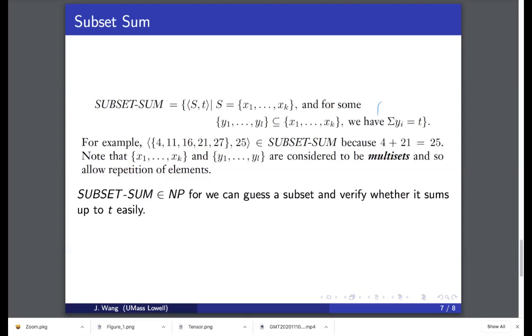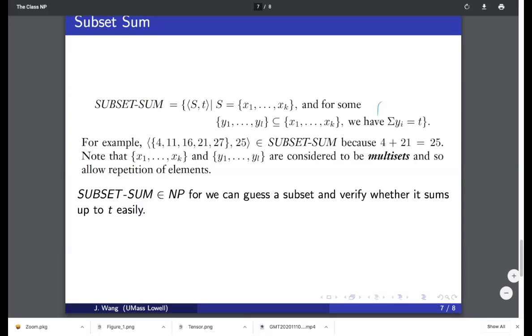Again, it is in NP because for any instance S and t, if you want to say whether it is a positive instance, you simply guess a subset and then add them up to see whether it equals t. Guessing a solution is equivalent to being given a solution or a certificate, and then you verify it. Nobody gives it to you, I can make a guess. So that is also in NP. This is straightforward.